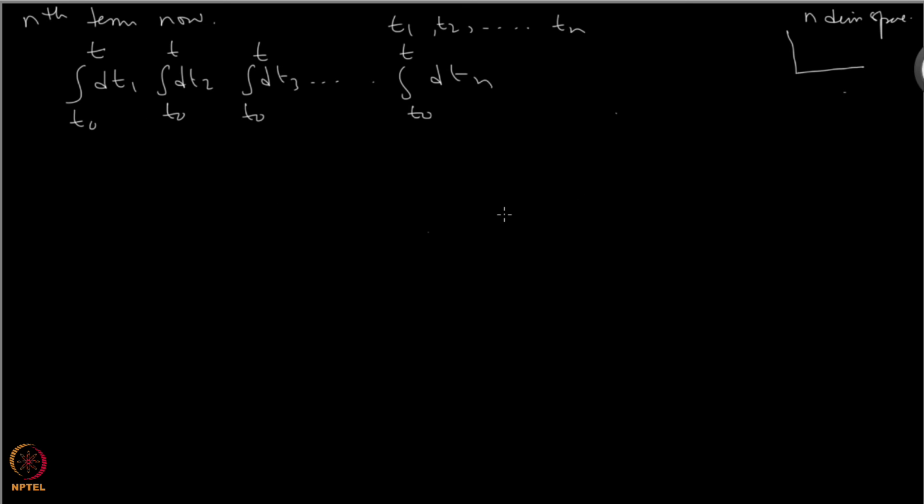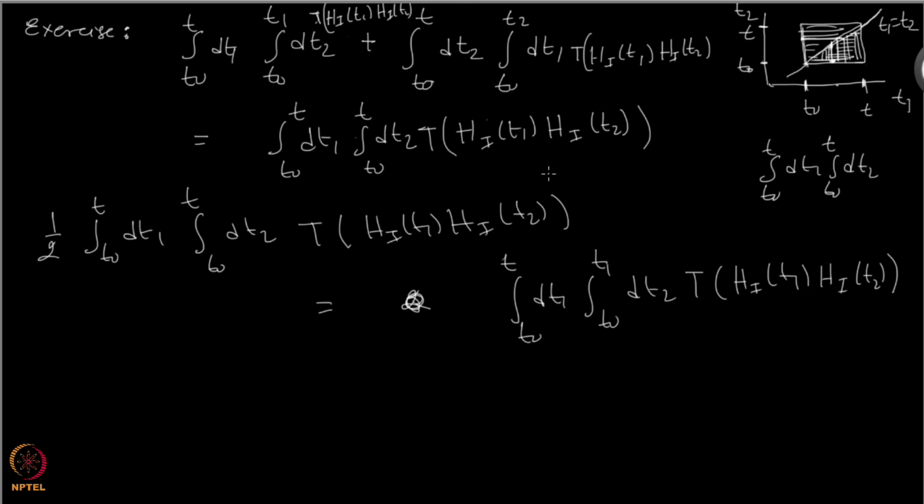Now what I want to do is divide this n-dimensional volume in similar fashion. And remember, what was the way in which we divided? We divided into independent volume elements without any overlap, and those volume elements were specified by saying that t1 is always greater than t2, and here the other way around.